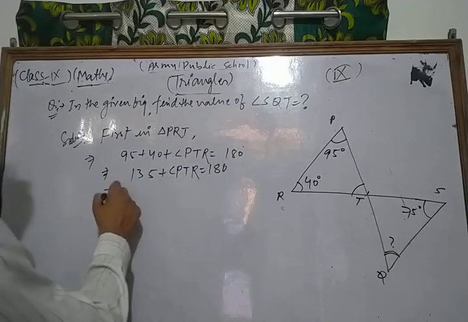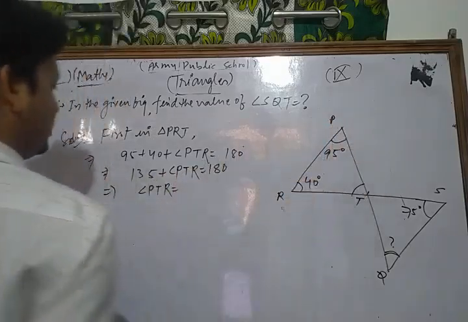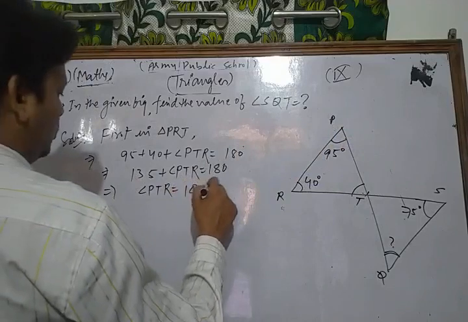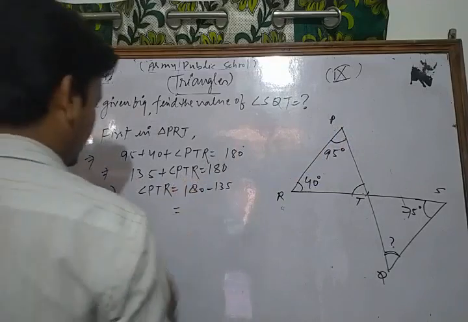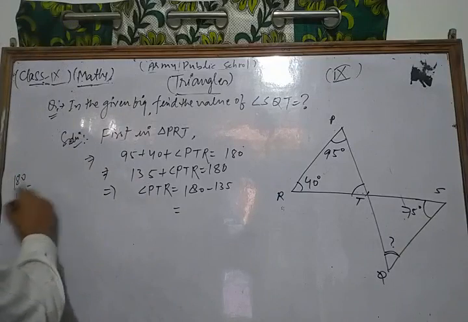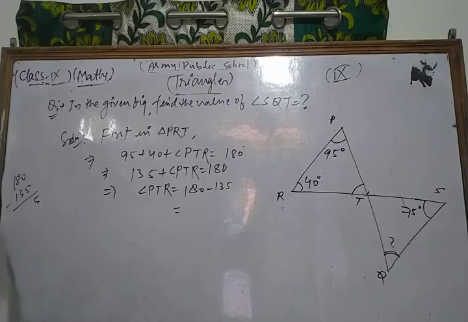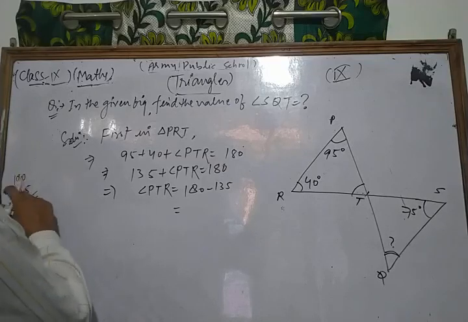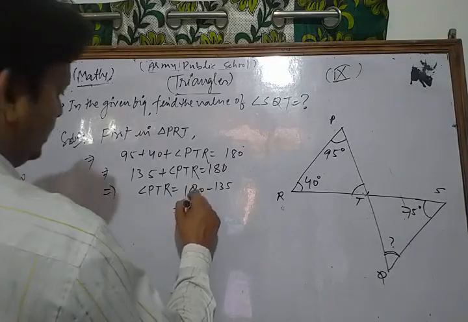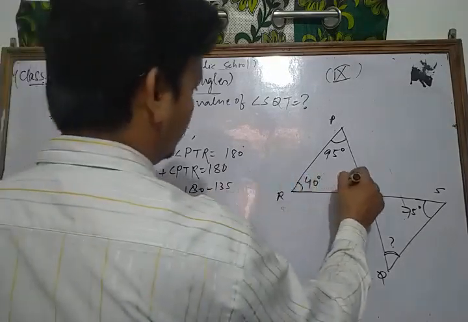Angle PTR is equal to 180 minus 135, which is 45.